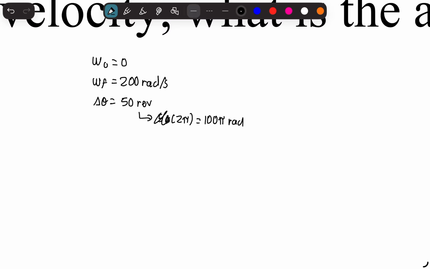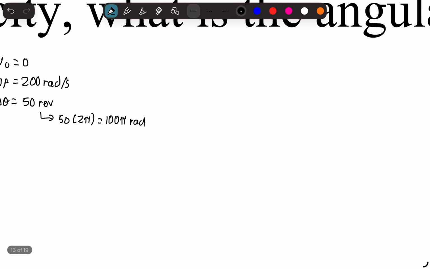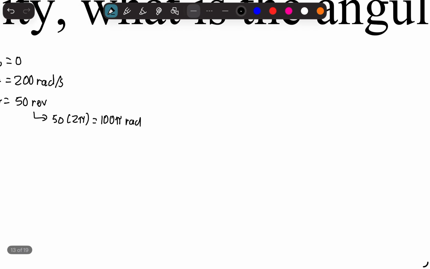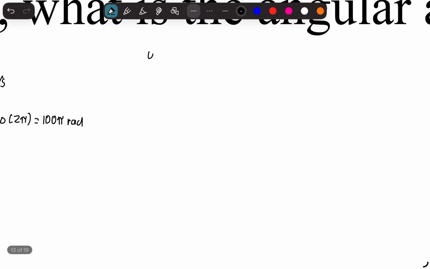Let's keep that there. So after this, we choose our equation that has all these 3 variables, which is going to be omega f squared is equal to omega initial squared plus 2 times angular acceleration times change in theta.